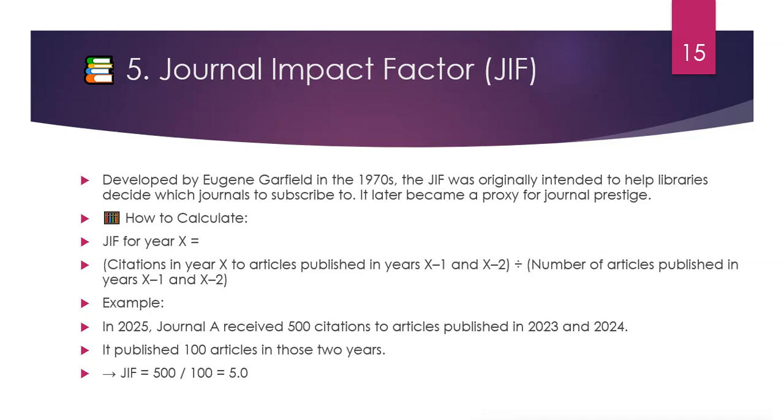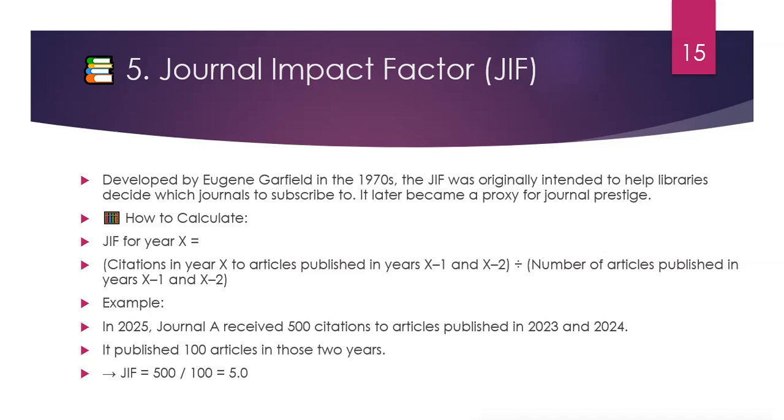Journal impact factor is a very important metric developed by Eugene Garfield in the 1970s. Impact factor was originally intended to help libraries decide which journals to subscribe to. It later became a proxy for journal prestige. How to calculate IF, or JIF?